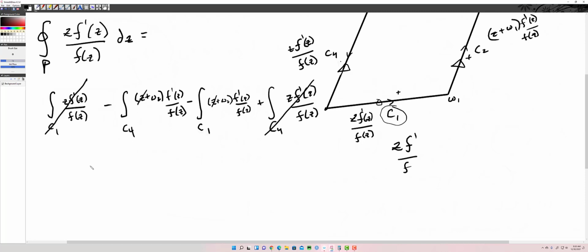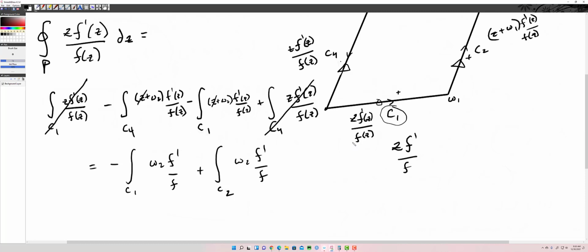And so what I'm left with is minus C1 omega 2 f prime over f minus C4 omega 2 f prime over f. This is actually the same as plus C2. So I've reduced this integral to just doing these two things.